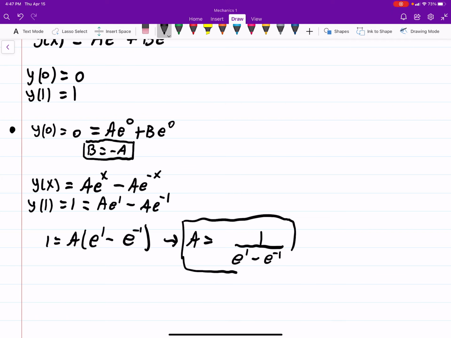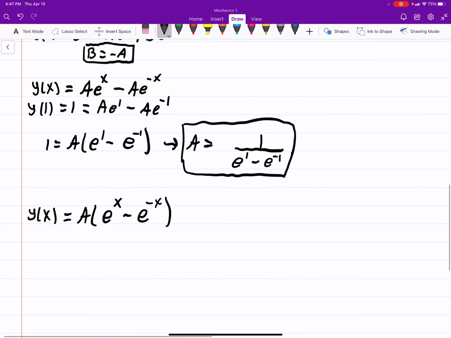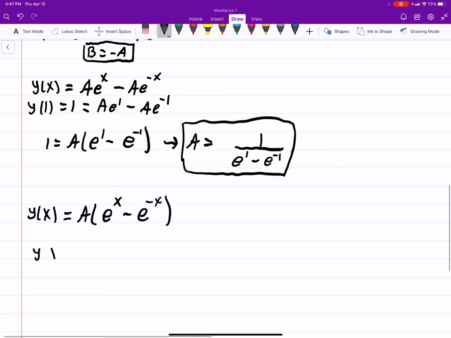Then I can substitute this in. So now I see y of x equals a times e to the x minus e to the minus x. But now that we know what a is, we can substitute that in. So it's e to the x minus e to the minus x over e to the 1 minus e to the negative 1.